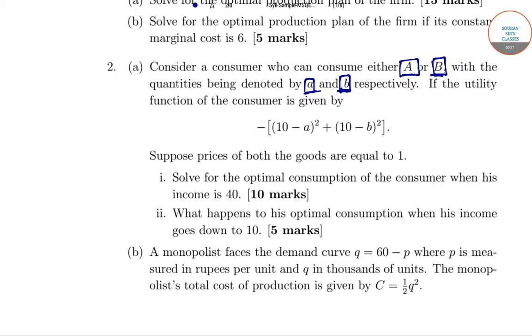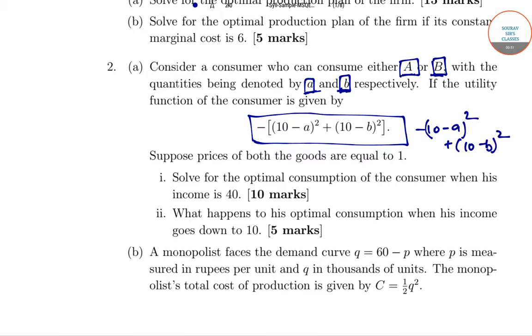Now the utility function of the consumer is given by minus (10 minus a) whole square plus (10 minus b) whole square.